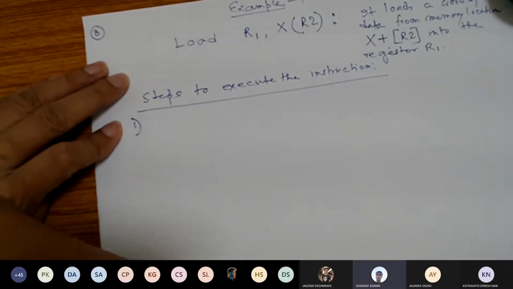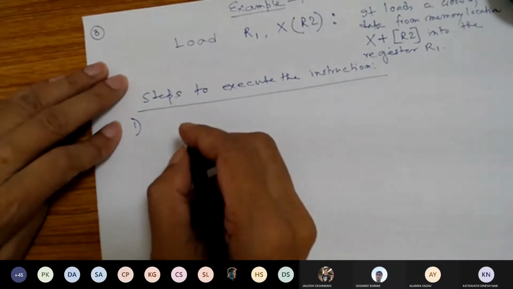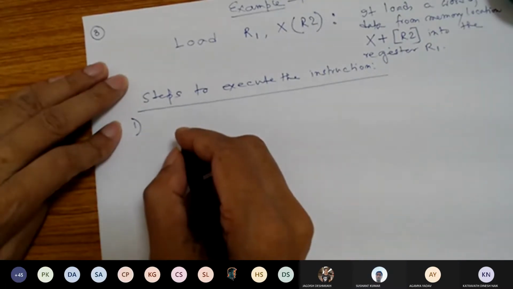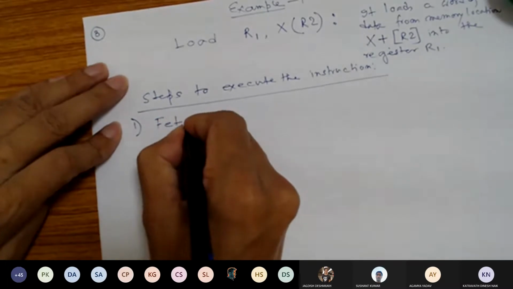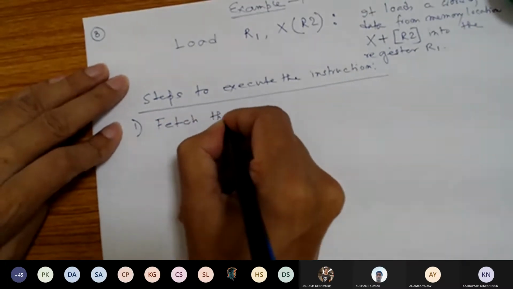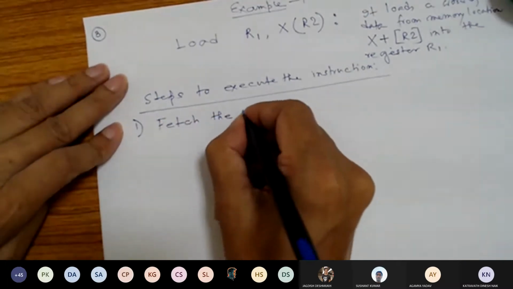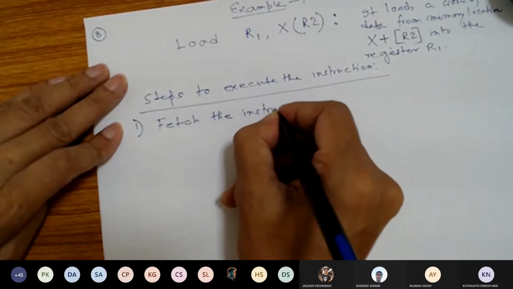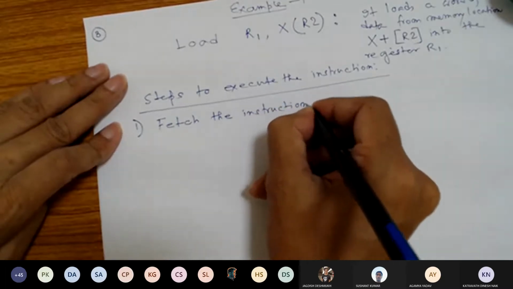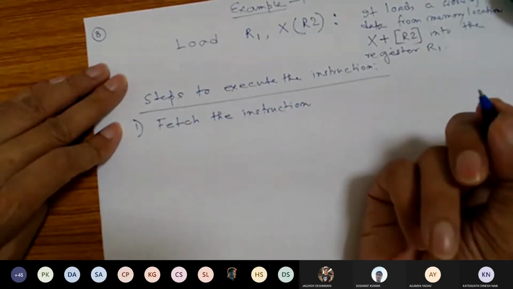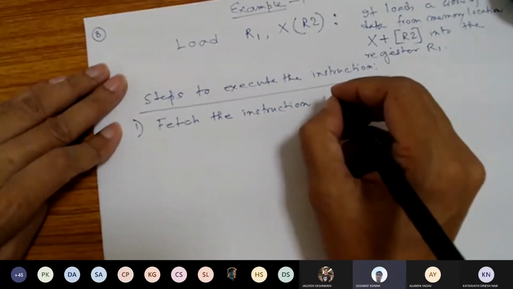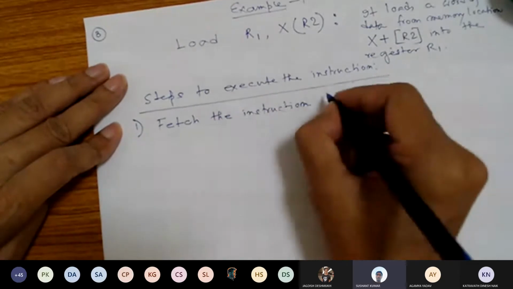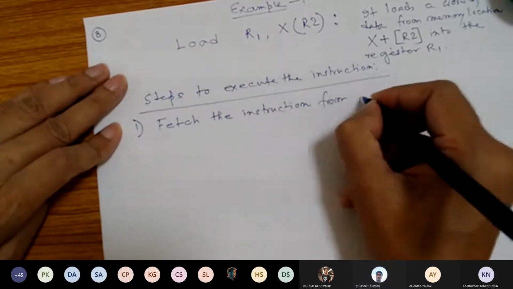Get the instruction. Yes, get the instruction. So in technical language, we call it fetch the instruction. Fetch the instruction from where? From memory, from the location pointed by the program counter.